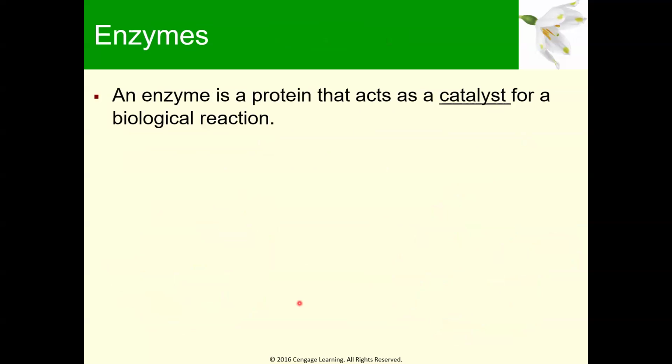Okay, so we will talk a little bit more specifically about this type of protein, enzymes. An enzyme is a protein, but the reason why it gets more attention, what we're going to focus on, is because it is also a catalyst in biological systems. So it's a protein that behaves as a catalyst for a biological reaction. Now remember, a catalyst speeds up a reaction.